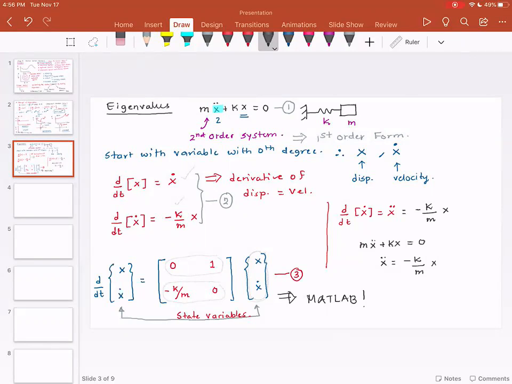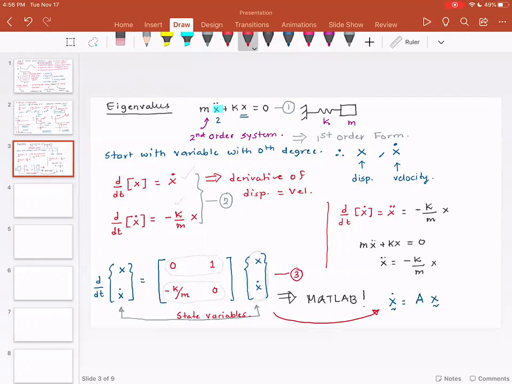But I want you to understand what has happened here. Now I have a vector, and I'm going to call this vector X. This is a vector. I have a matrix and I have another vector. So this expression is now written as a matrix vector expression.